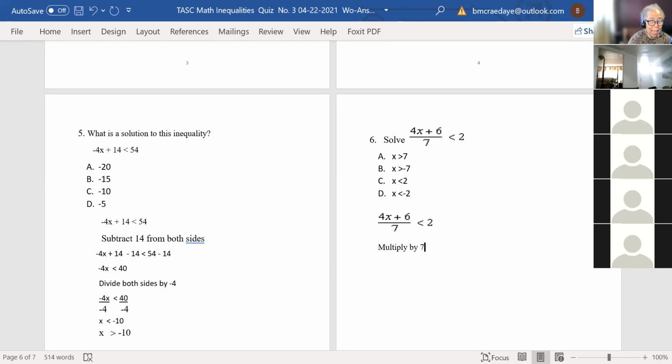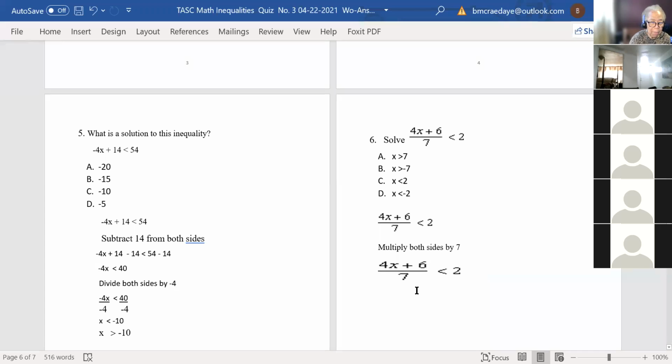Okay. So we'll say, multiply both sides by 7. Now, if you do that, what do you get on the left and what do you get on the right? Let's see if I can move this over.